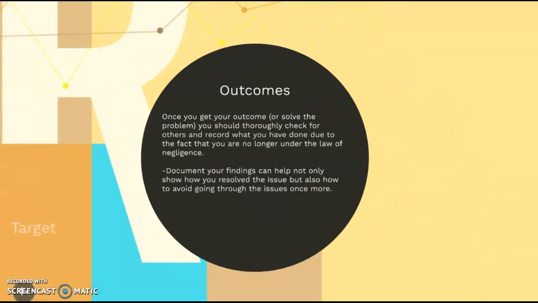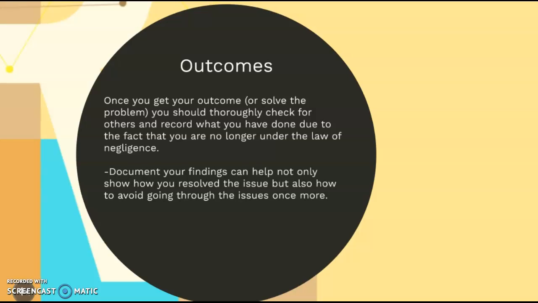Finally, you have the outcome. Basically, the outcome is the final information that you will obtain after your actions. If it doesn't solve the problem, you can at least have a more specific idea and resolution of the situation, or you basically solve the problem. You should thoroughly check for others and record what you have done, so that you are no longer under the law of negligence.